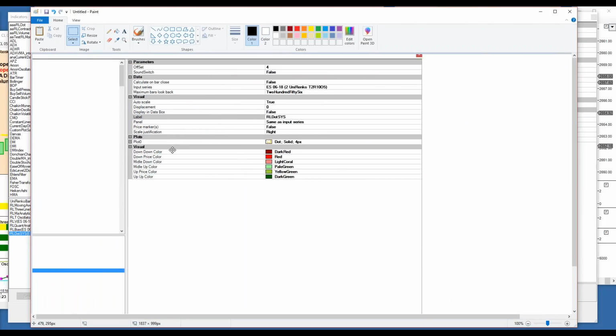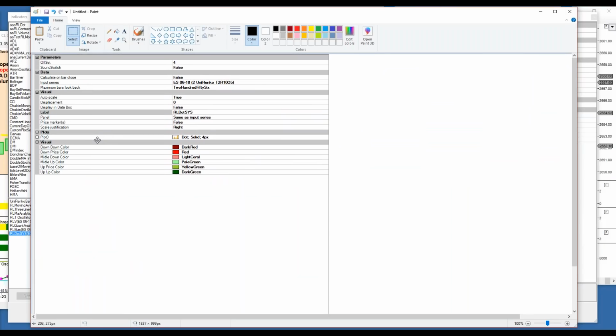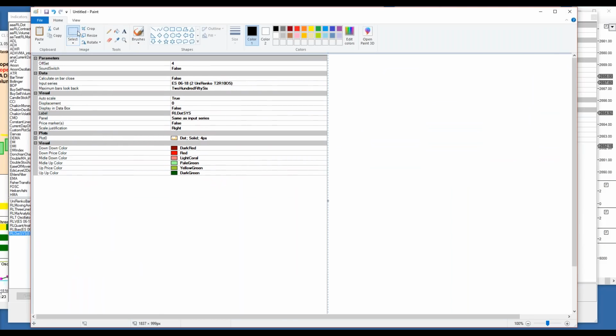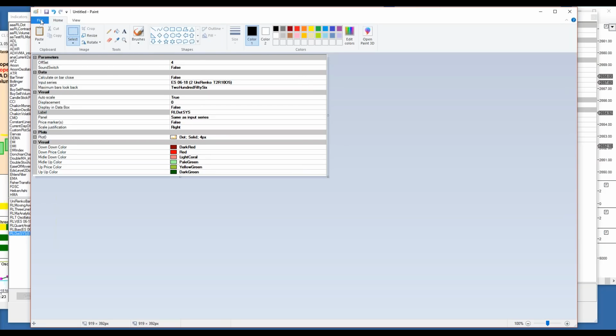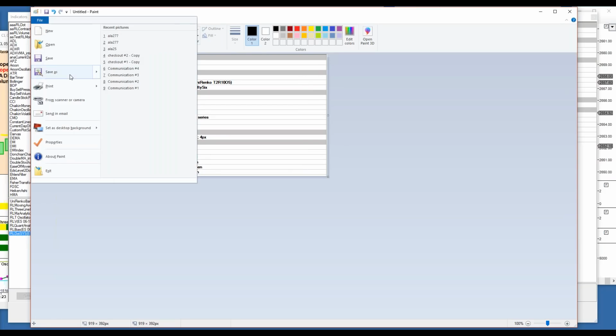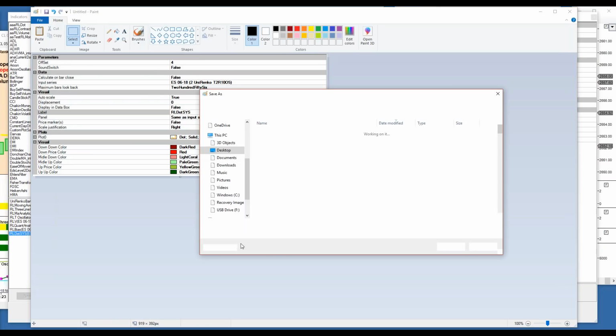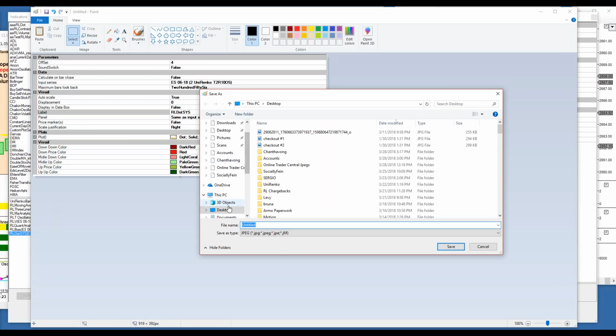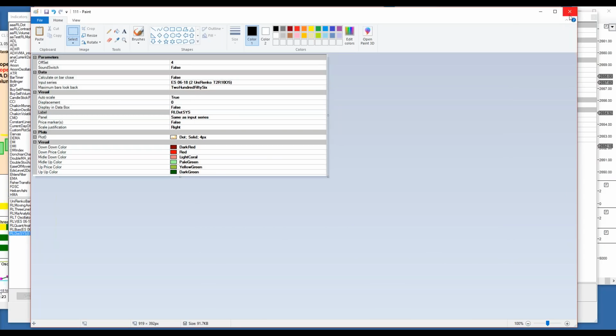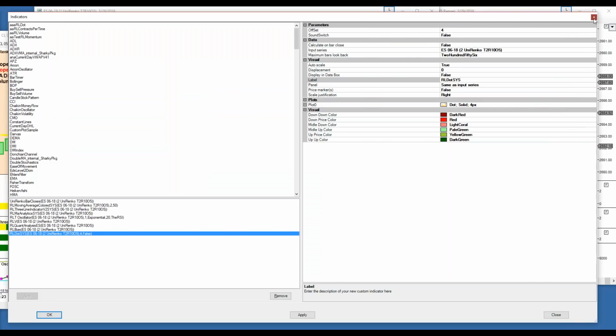Here's the settings of the color. I'm just going to select it and crop it and save it. So this will go out too. So you'll have all the colors. Let me just put this on my desktop and I'll put it in as 111. So it's done. So now you'll get the colors.